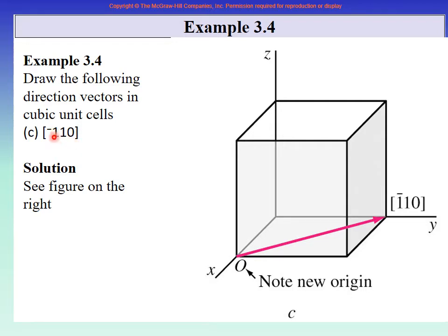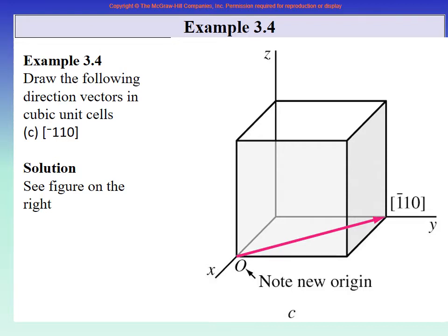But minus 1 means that you have moved the origin. As soon as there is minus 1, you have moved the origin. So the technique is, how do you move the origin? Just see on which axis it is a minus number and move the origin only on that axis.